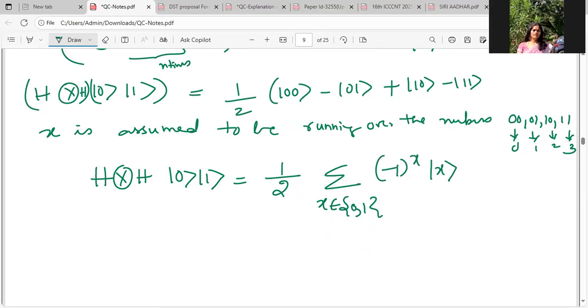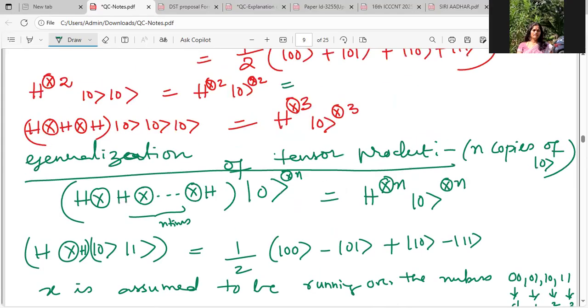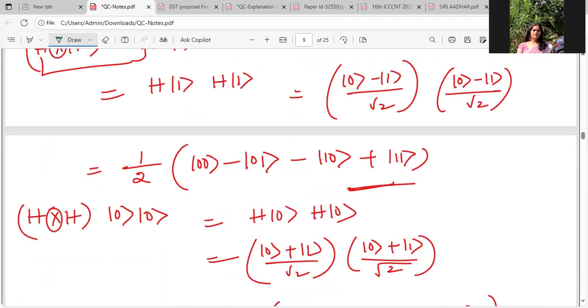Also, there is another notation for this one, which one? 1 1 1. For this one, there is also a shorthand notation that I can write: 1 by 2 summation x belongs to 0 comma 1 whole squared. It means I am in 2 qubit space. So I know the combinations in 2 qubits.